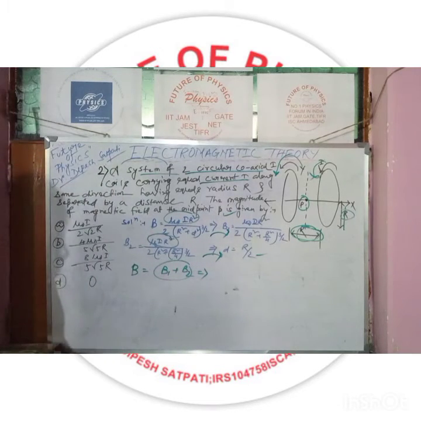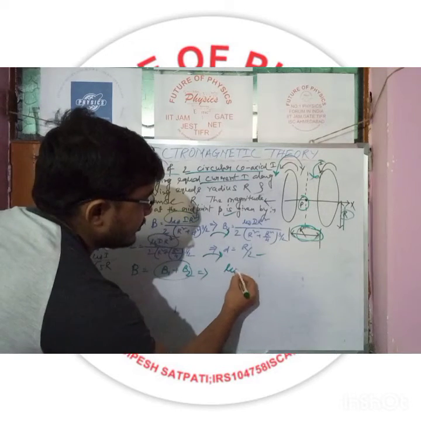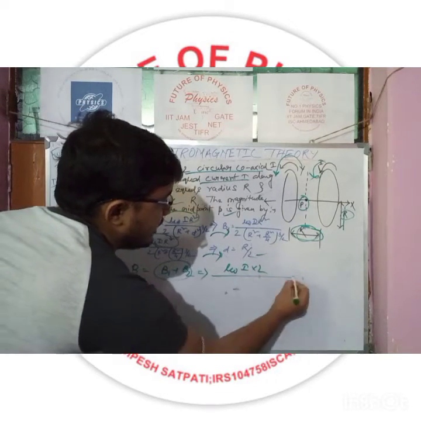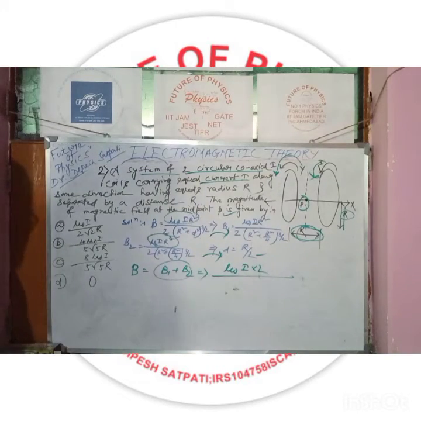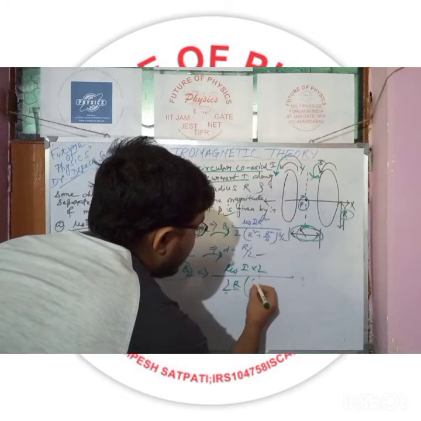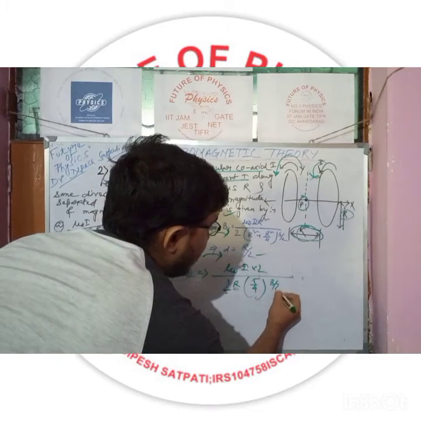Now B is equal to B1 plus B2, which is equal to mu 0 I into 2 divided by 2R into 5 by 4 to the power 3 by 2.